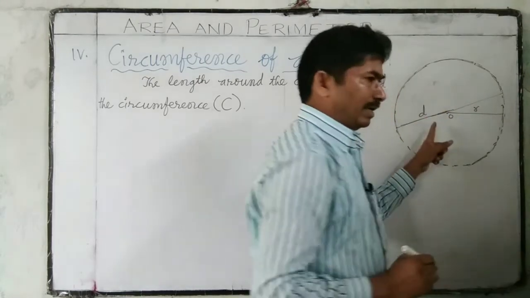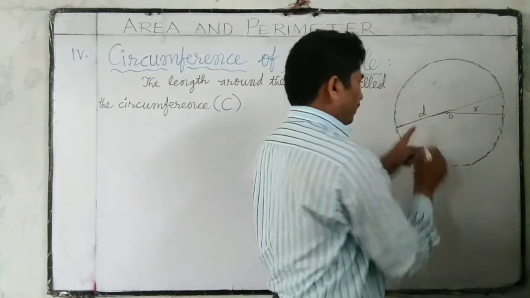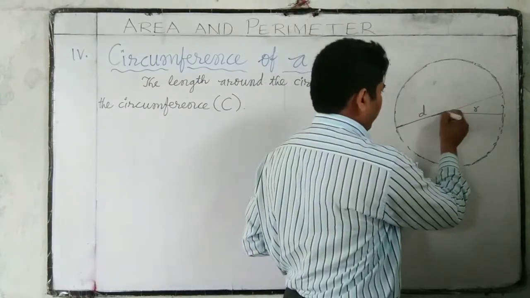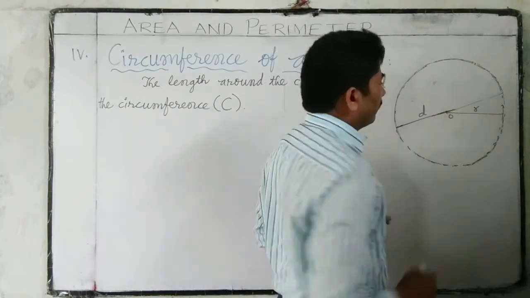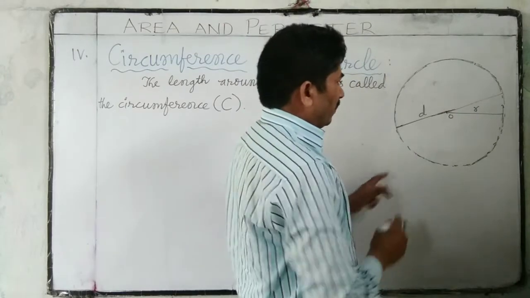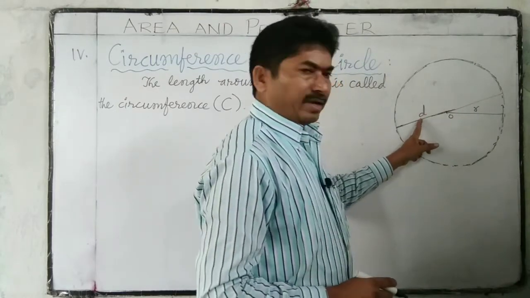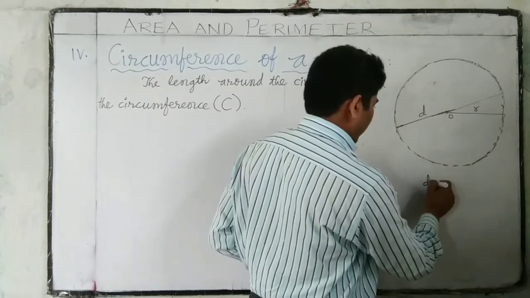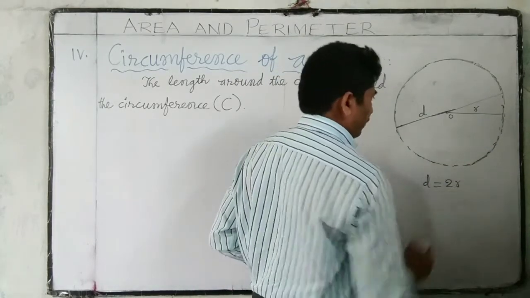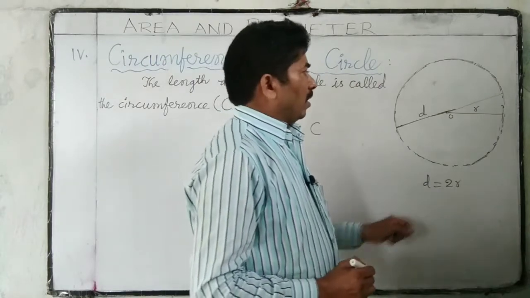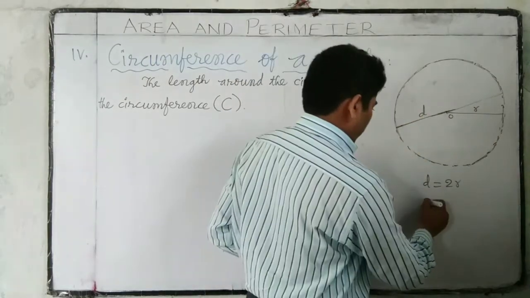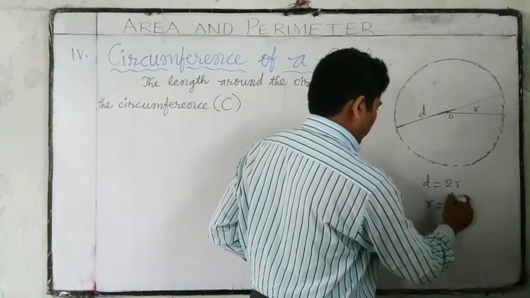So this is the largest chord in this circle. We know diameter is twice the radius. D is equal to 2r. Or radius is half of the diameter. R is equal to D by 2.